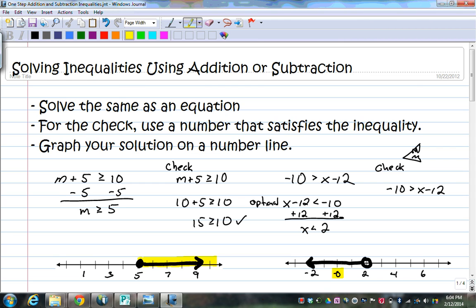That's not a negative 0, by the way. I should erase that because that looks bad. 0 is in one of my solutions, so I could use it. And this is why. So I'll put in negative 10 is greater than 0 minus 12. What happens is the 0 is just gone, and it leaves me with this negative 12. Negative 10 is greater than negative 12. Again, a true statement, and it works.